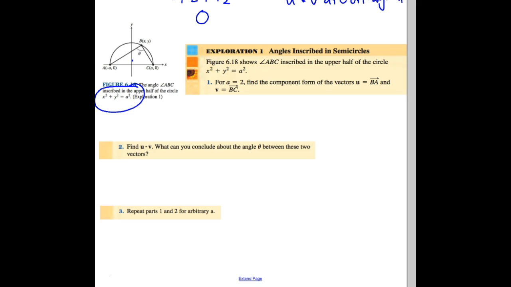Okay, so we have vector U going from point B to point A. Yes? How do we find the component form of that?